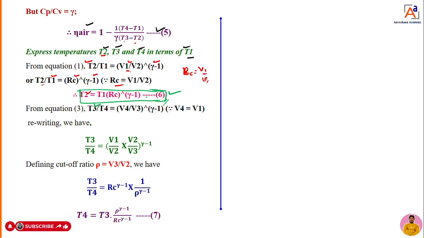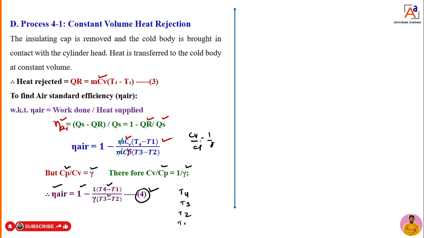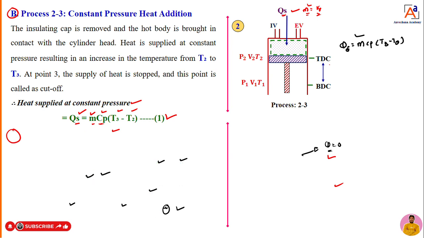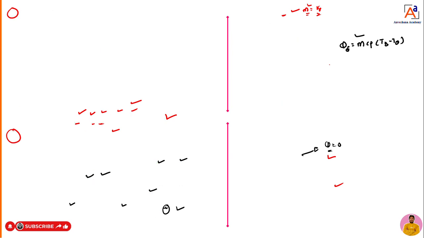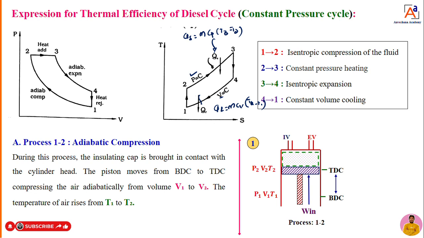Dear students, you can see in the PV diagram, draw a vertical line. So V1 is equal to V4.